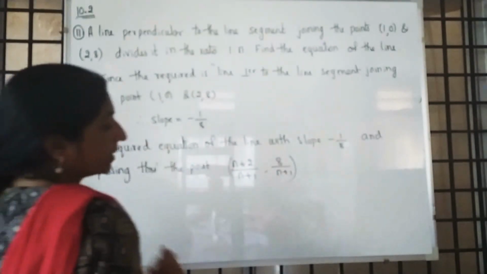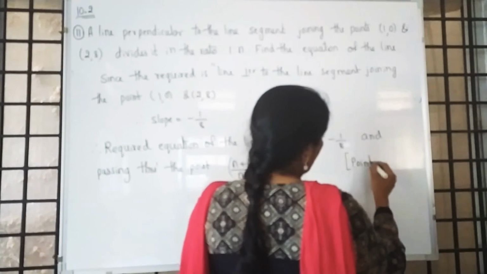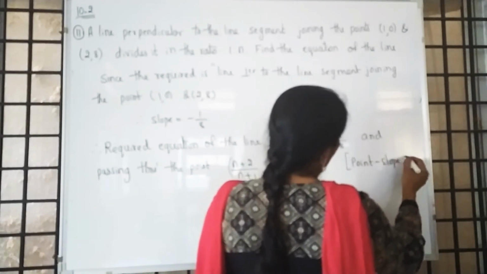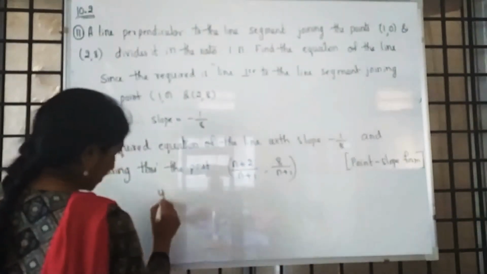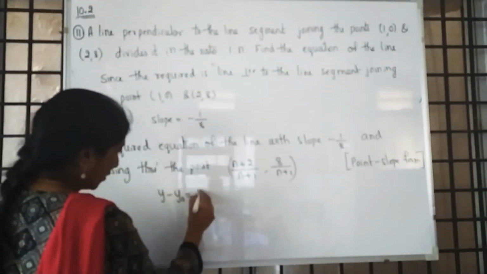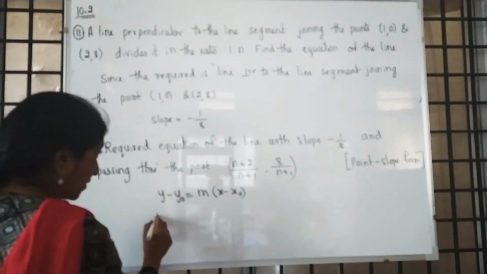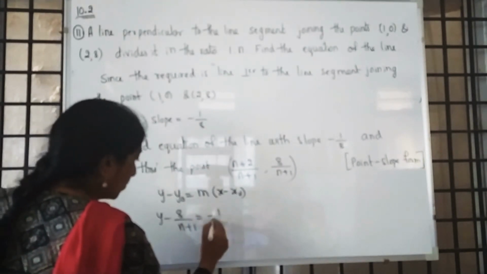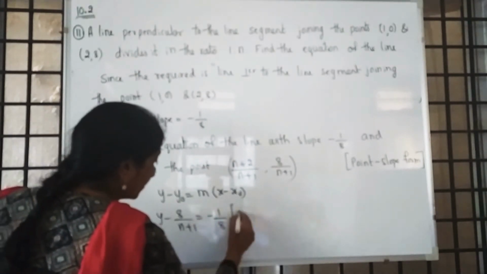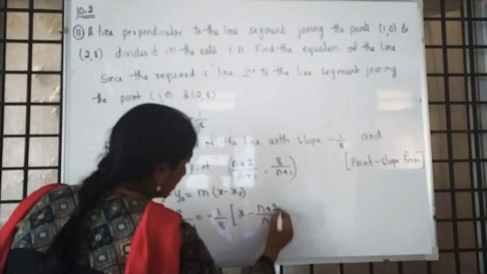So one point and one slope, which formula? Point slope formula. Have you remembered the formula? Yes. y minus y0 is equal to m in the bracket x minus x0. y minus 8 upon (n plus 1) is equal to minus 1 by 8 times x minus (n plus 2) upon (n plus 1).